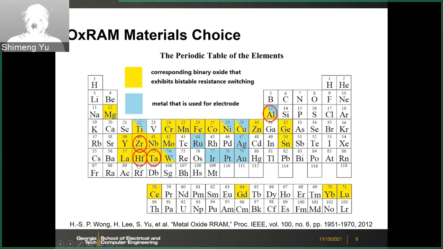Like hafnium oxide, foundry already use that for the high-k metal gate. Zirconium oxide, we already use that for high capacitance, for example, in the DRAM manufacturing. So those are more friendly to the industry. That's why those materials stand out, and also their properties are generally good in terms of the memory characteristics.